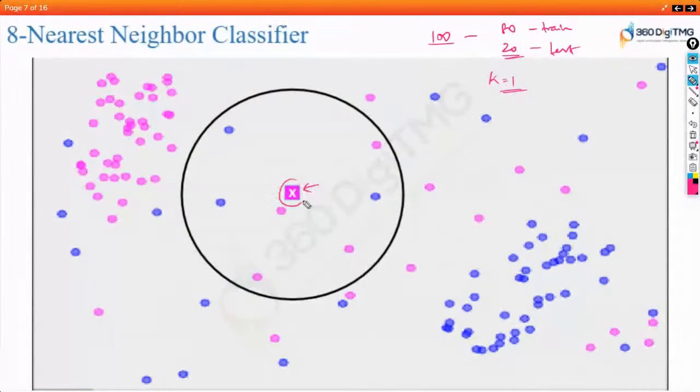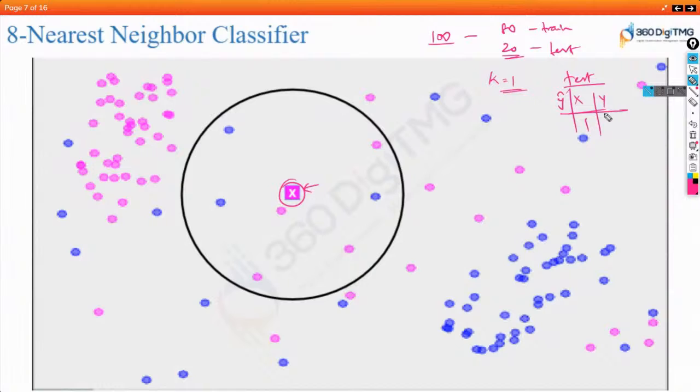Let's say it says pink class. In the test data, you have x and y, both are none. But we are trying to apply logic to predict y. So if I say x equal to 1, k equal to 1, then what is the y value that I'm getting here?